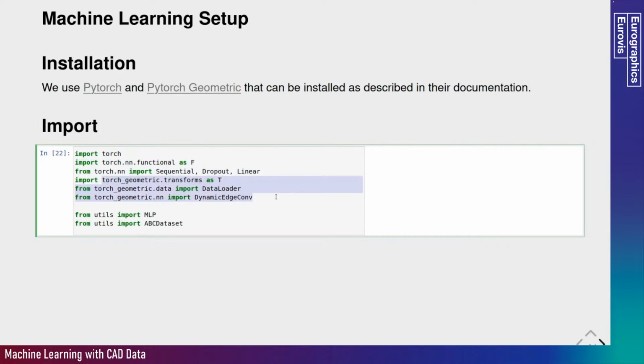Also from PyTorch Geometric, we need some transforms, data loaders, as well as this dynamic edge convolution layer that we also use for our network. Additionally, we need this multi-layer perceptron, which I will talk a little bit about later again, and an ABC dataset class, which is basically a class for loading the ABC data.